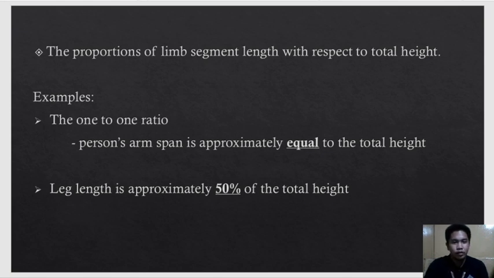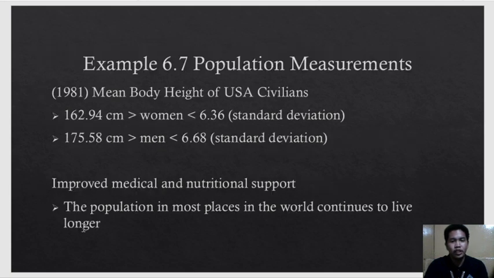Then, for example, population measurements. In a 1981 study, the mean body height of USA civilians in women is 162.94 centimeters, which is 6.36 in standard deviation.